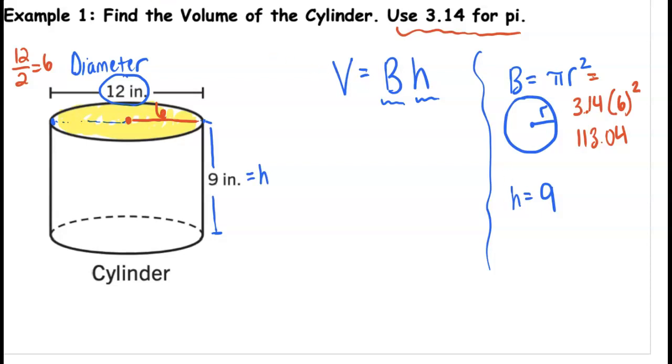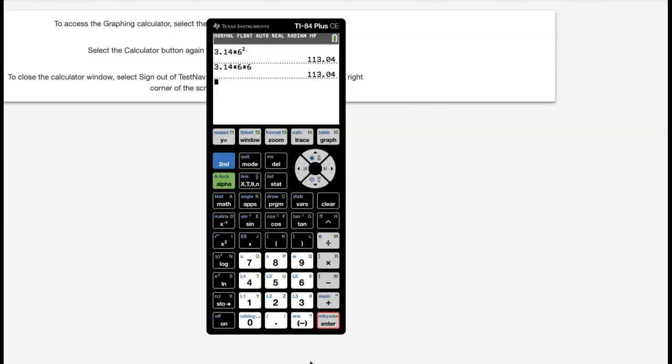So I have the two values that I need. I get to plug them in now. So volume is equal to, plug that in, area of the base 113.04, and the height, which is 9. And now I just go to my calculator and I go ahead and multiply this times the 9, which is the height, enter, and we get our final answer, 1017.36.